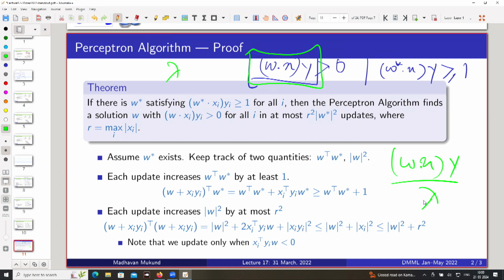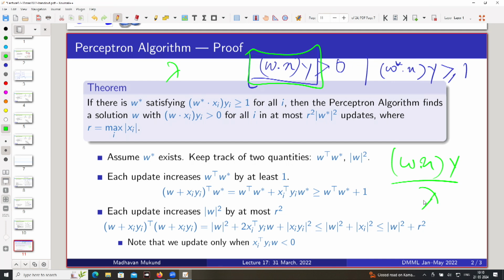So R is defined here. Let's try to prove this. The proof essentially works by keeping track of two quantities. Here w star is the thing that we have from here.